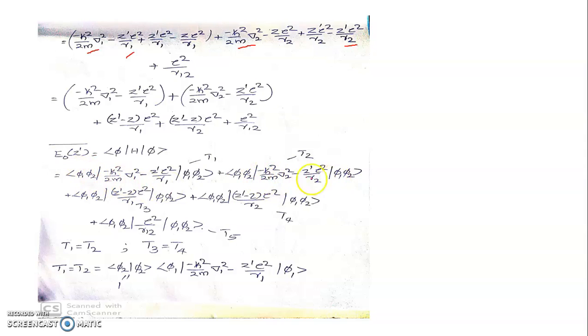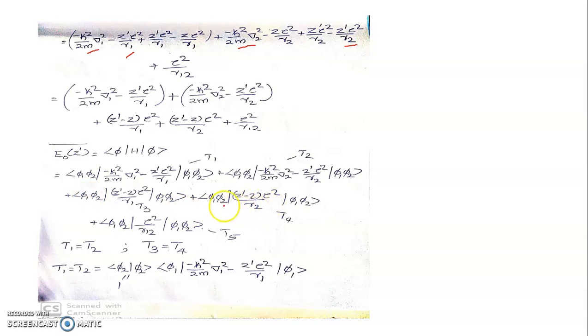Similarly, for this term the operators are del 2 square and r2, which depend explicitly on r2. So these operators have nothing to do with the wave function phi1 in the ket space or adjoint ket space, so they can be taken out. Similarly, for this term the operator depends only on R1, so phi2 can be taken as constant. Similarly, for this one the operator depends only on R2.